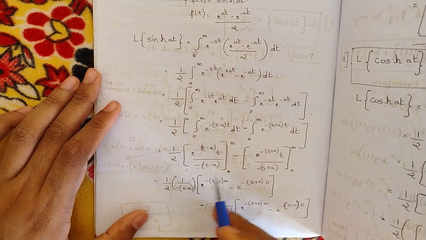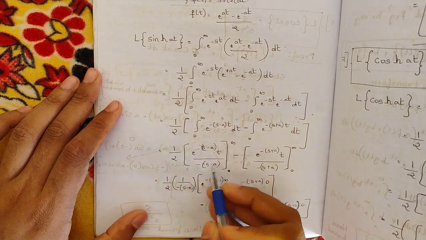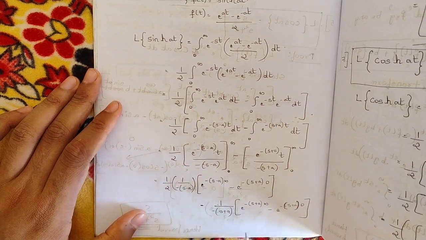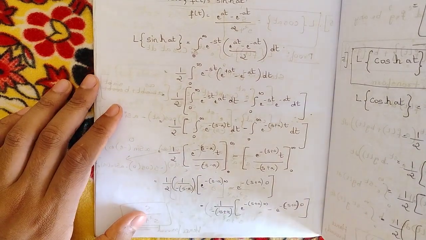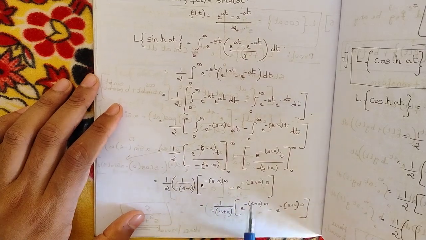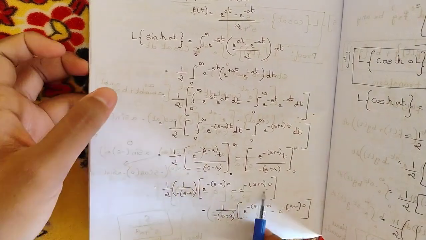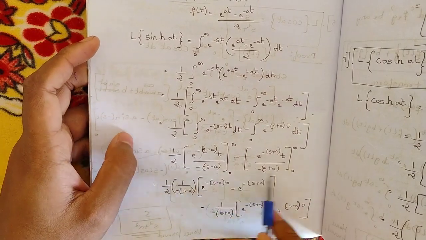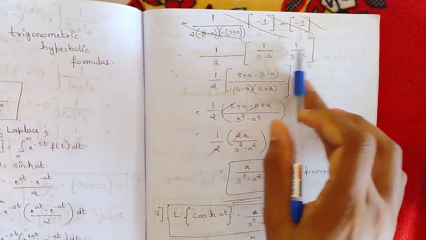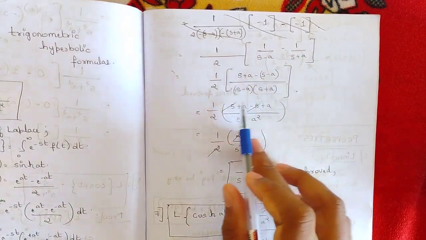Here you can take 1 divided by s minus a common from both these terms, so we are left with only the numerator part and take the integration here. Apply the upper limit and lower limit and solve. See the steps, I have solved it step by step.